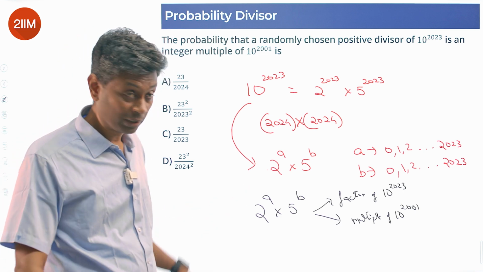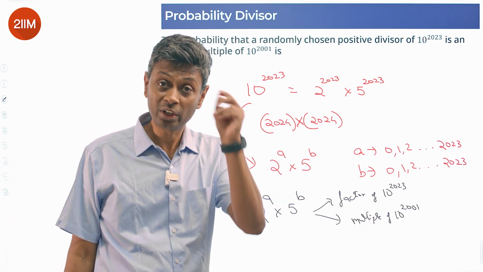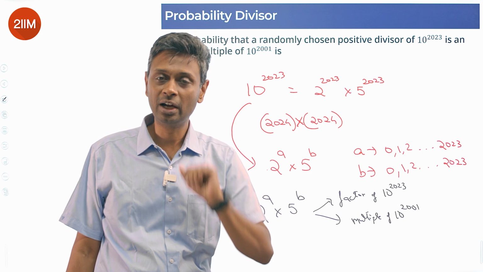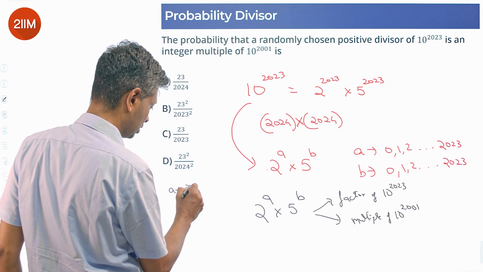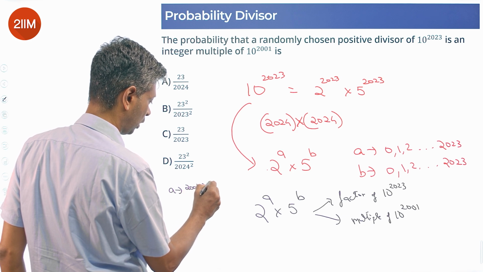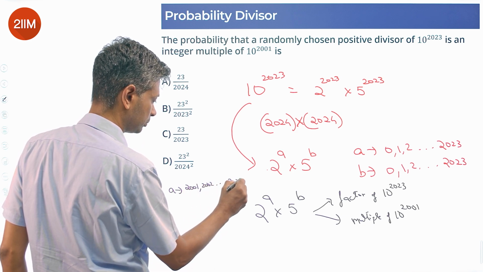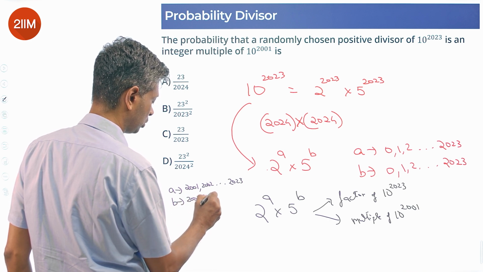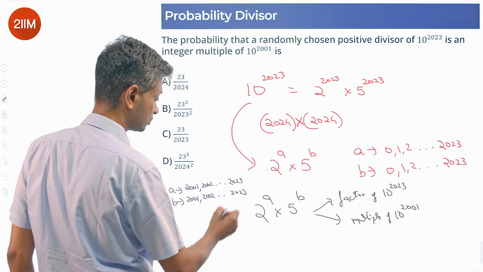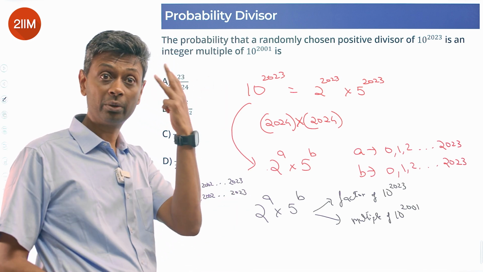Brilliant. So this number should be a multiple of this. That means it should contain 2 power 2021 and 5 power 2021. What values can A take? A can go from 2021 to 2023. What values can B take? B can again go from 2021 to 2023. So A can take 3 values, B can take 3 values.